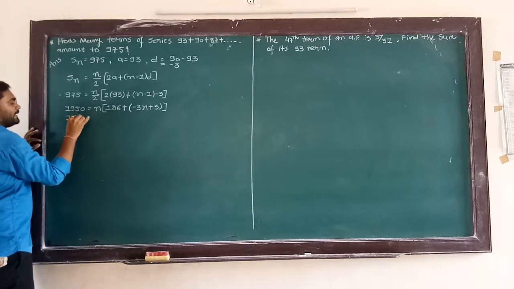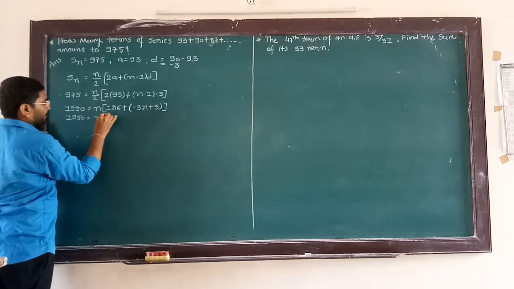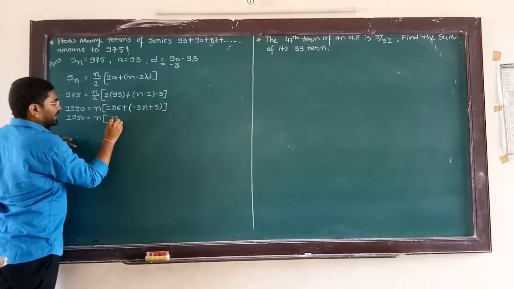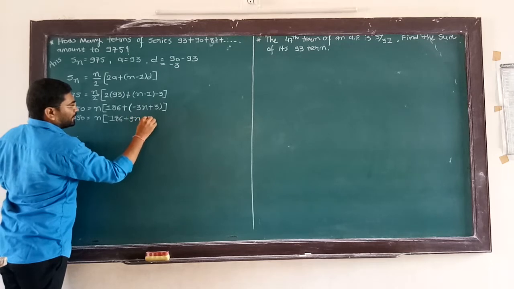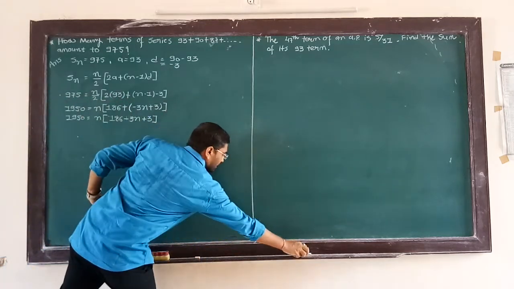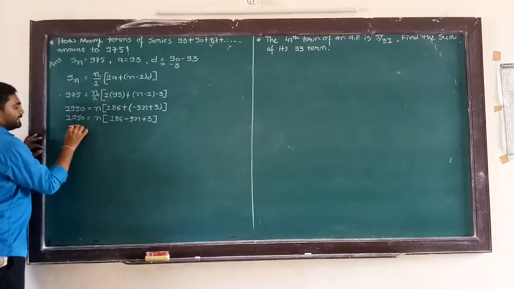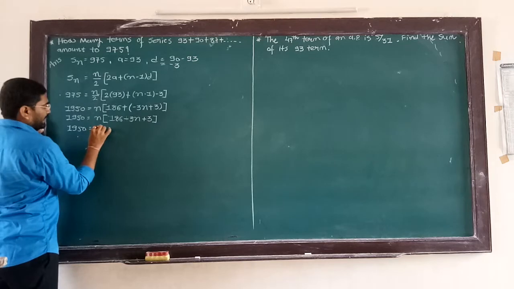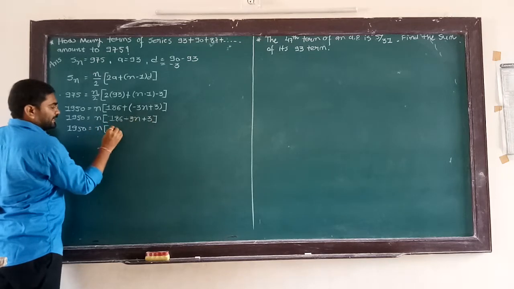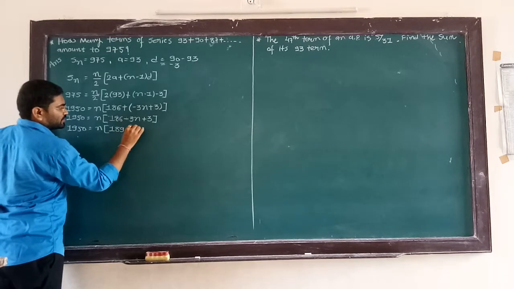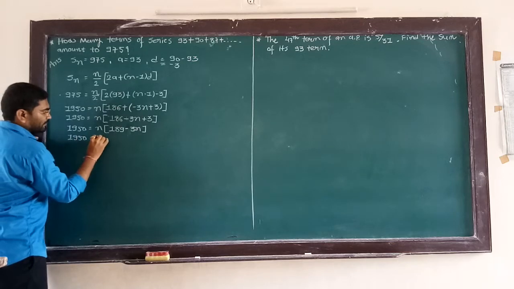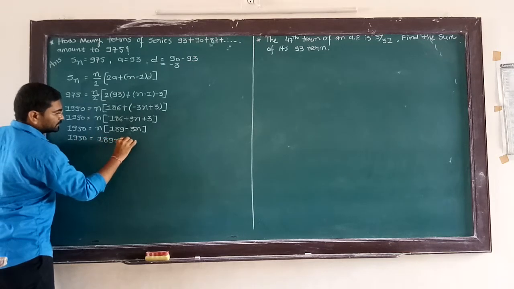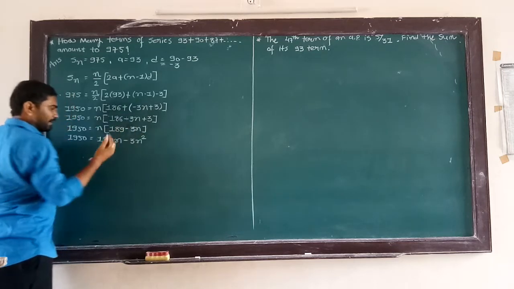Now 1950 and here 186 bracket open minus 3n plus 3. 186 plus 3 is 189, minus 3n. 1950 equals n multiplied by (189 minus 3n), which is 189n minus 3n square.